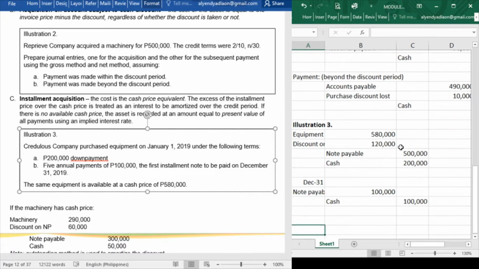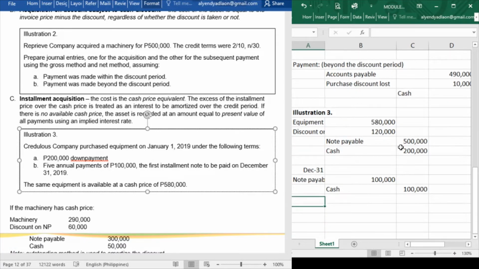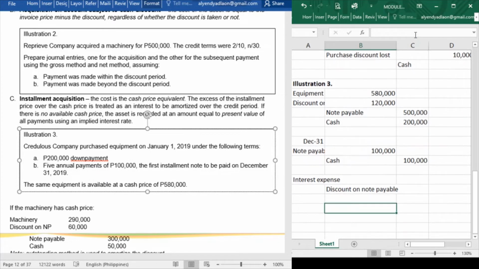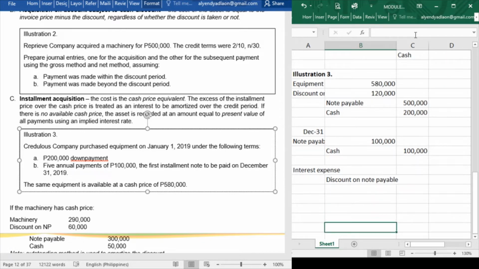So at the end of every year, we also have to record the interest expense and cancel the pertaining discount on note payable. This is what we call the amortization. So how much is to be amortized during the year 2019? In this case, class, we are going to make a table based on the outstanding balance of our note payable.